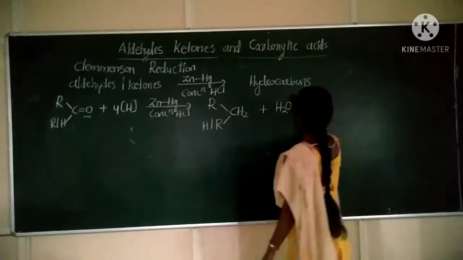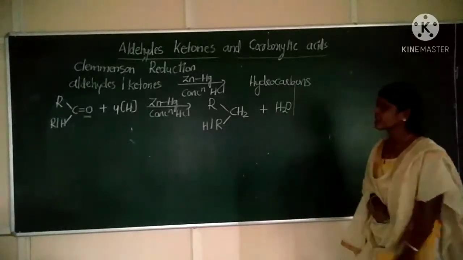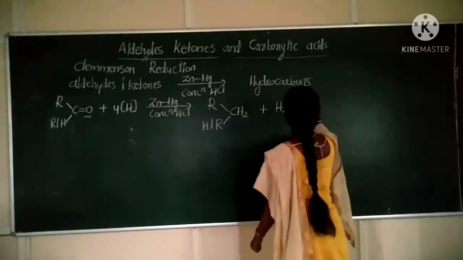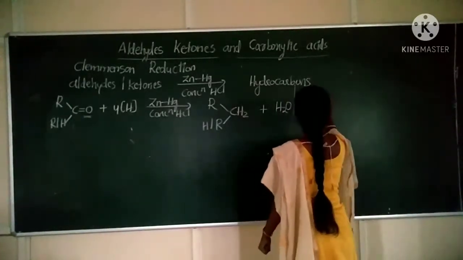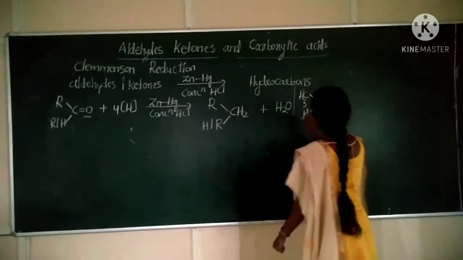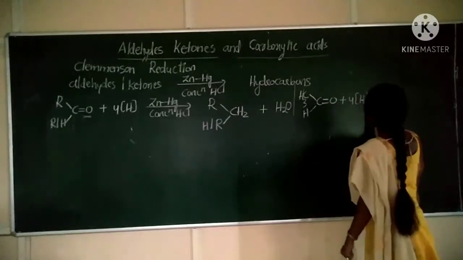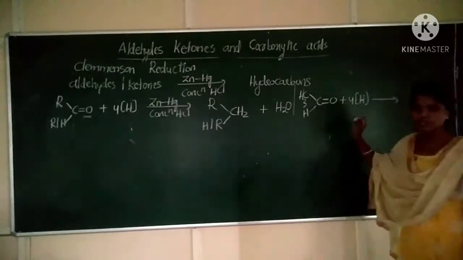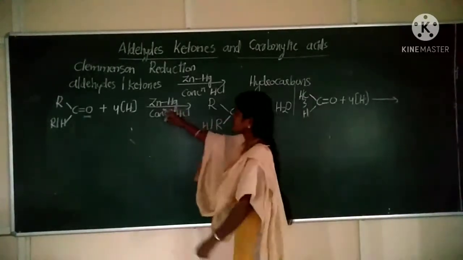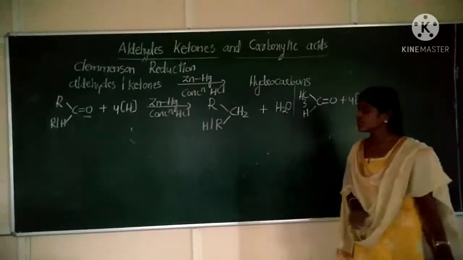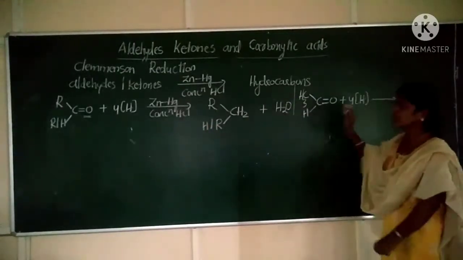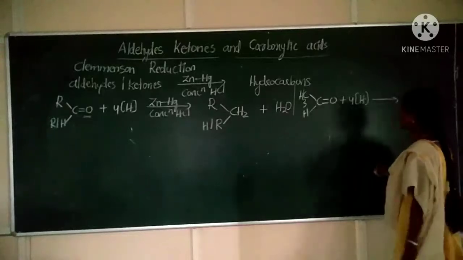Now, write an example here. Take acetaldehyde, CH3, C double bond O, H plus 4 hydrogens. These hydrogens are produced from the reaction of zinc and concentrated HCl. Look at here.